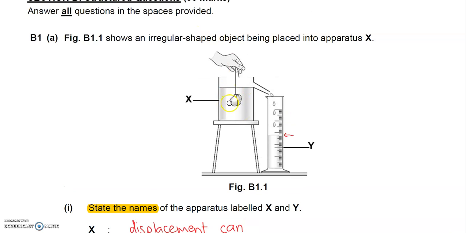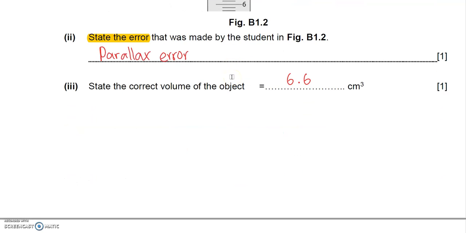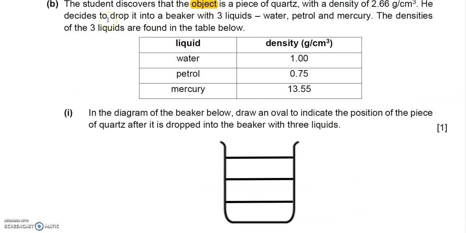This is the piece of quartz. And the volume of the piece of quartz, now that we know it's quartz, you can write down quartz, is 6.6. Why am I raising this? Because you will need the volume in order to calculate one of your calculation questions below.